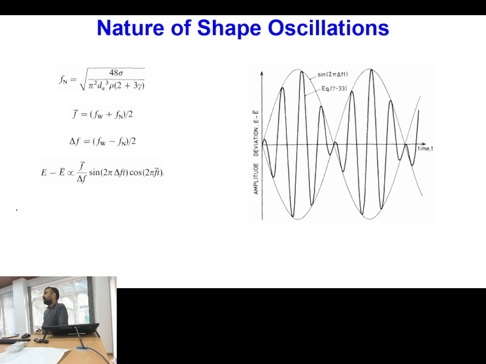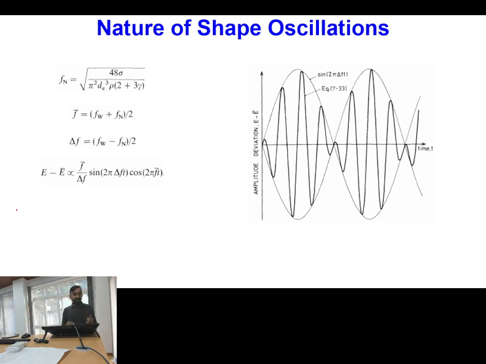One thing that can come to our mind is that the oscillations come in the shape of the fluid particle when the vortex is shedding. So intuitively, the frequency of the shape oscillations can be equal to the frequency of vortex shedding. But whenever people have done experiments, it was found that these two frequencies were not the same.